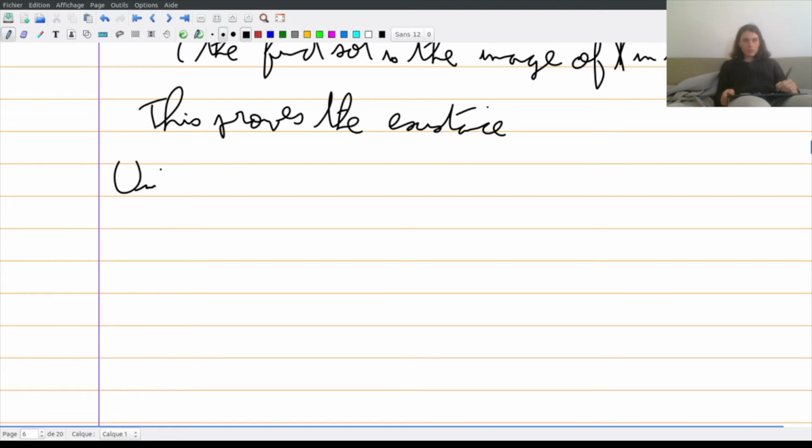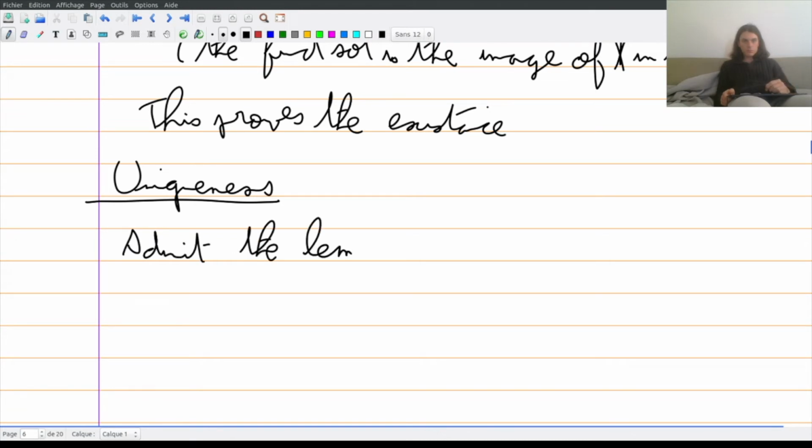Now let me prove the uniqueness. To do this, let me admit the following lemma. You can find a proof of it in the book of Van der Put and Singer. But if I prove every result, I will not be able to go very far in this course.